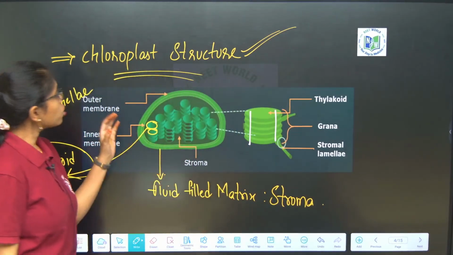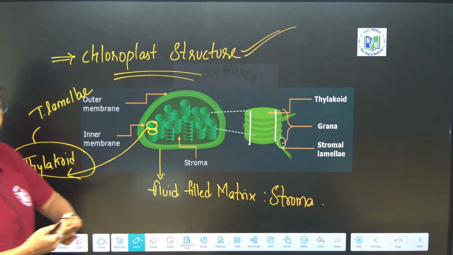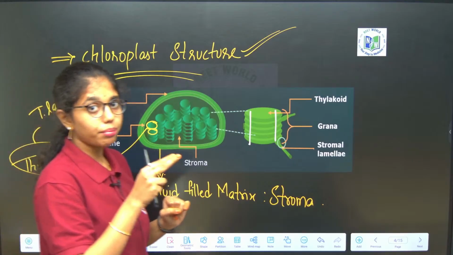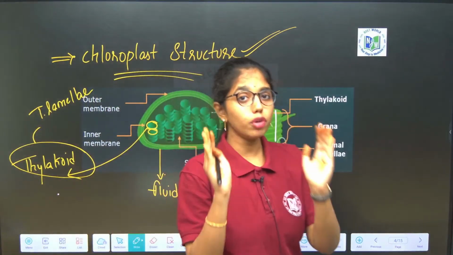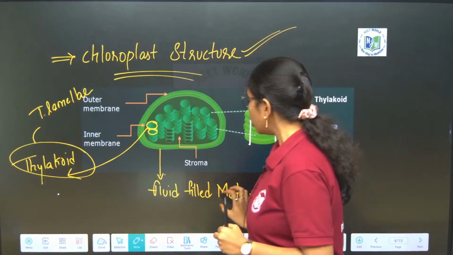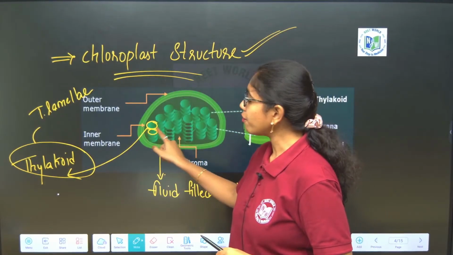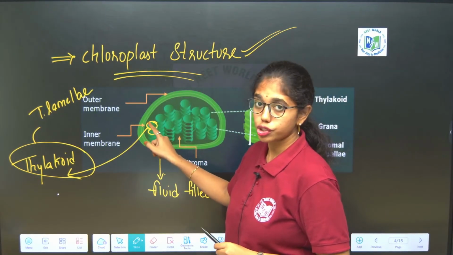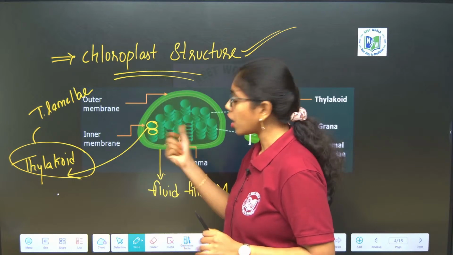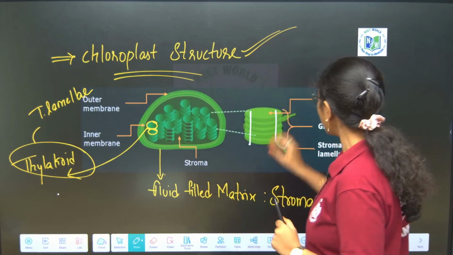Clear? So the chloroplast is double membrane bound, and the inside fluid filled space is called stroma, inside which you have membranous sac like structures called thylakoids. The stack of sac like structures is called grana.